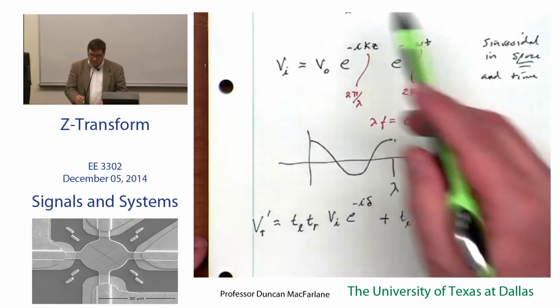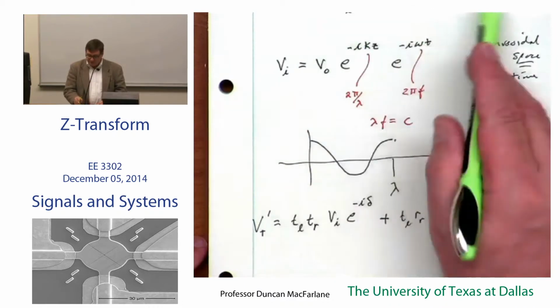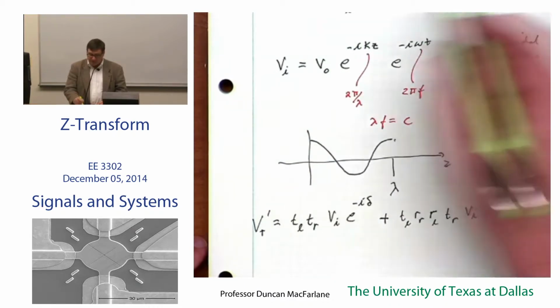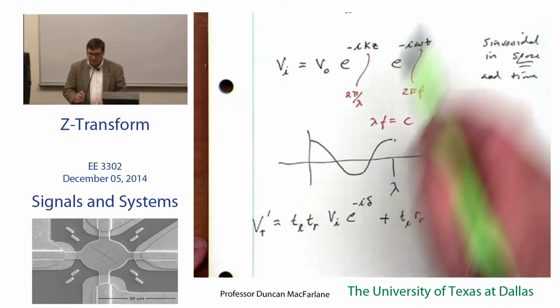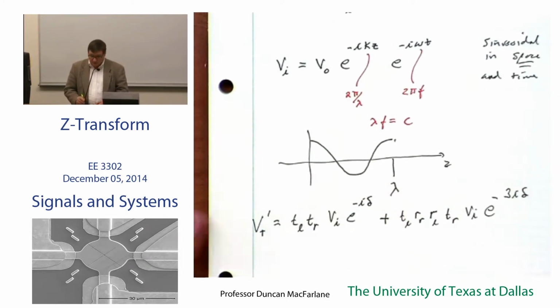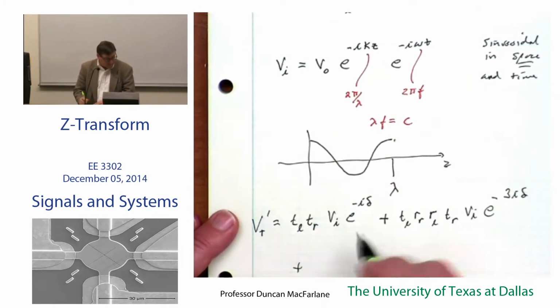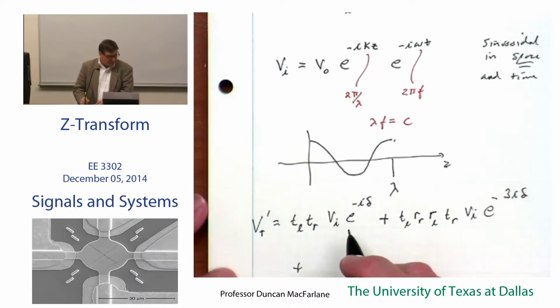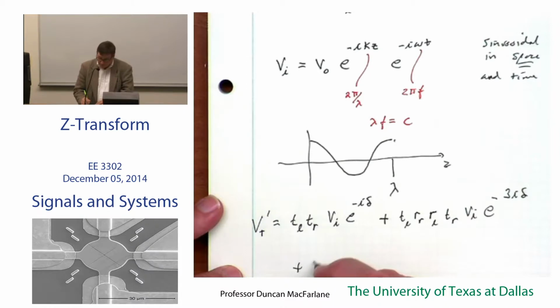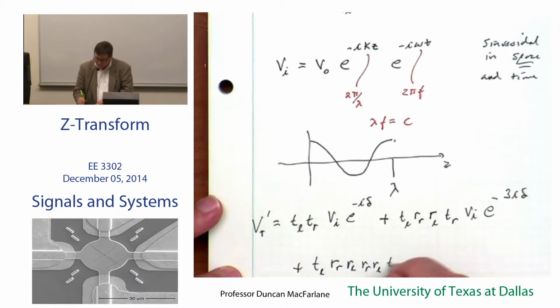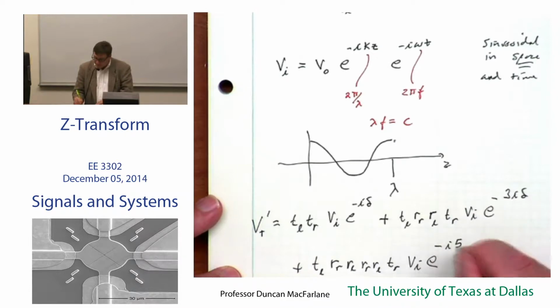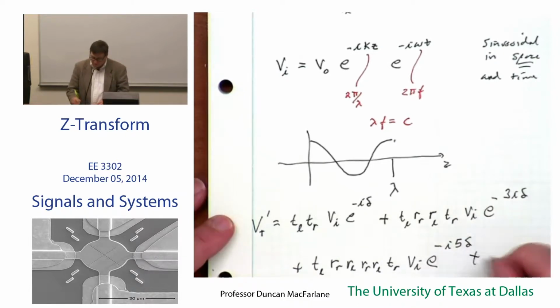And then I have the 2 transmissions, and then I have the rattling off of the right mirror and the rattling off of the left mirror. And my third term is plus, let's see. I need the TLs. I need the RRL twice. And I need the TR. And then I need the V initial. And then I need an e to the minus I 5 delta. And so on.